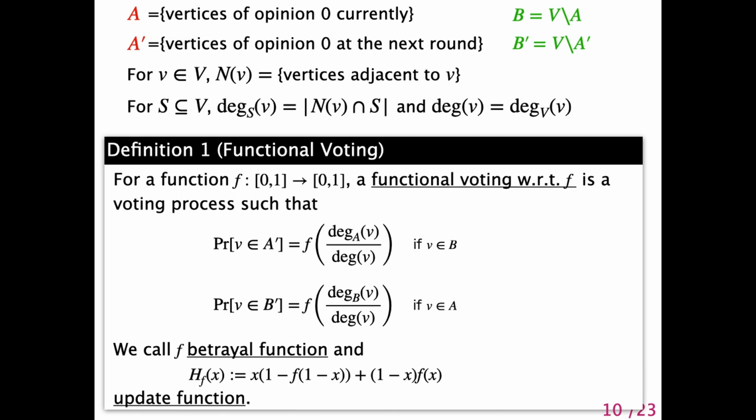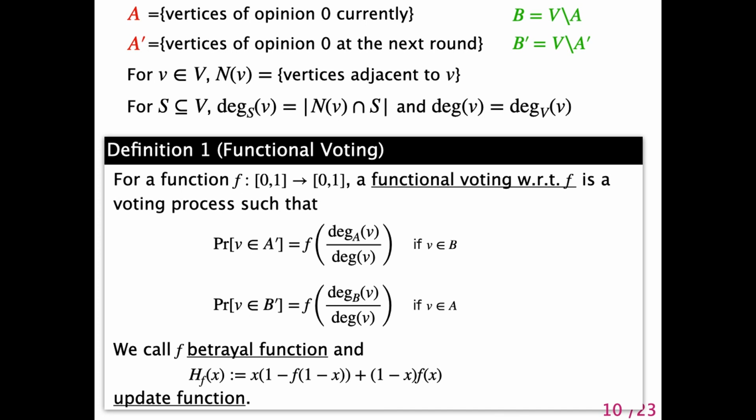Now we define functional voting. For a function f, functional voting with respect to f is a voting process that satisfies the 2 conditions below. The first condition says that the probability that a green vertex v becomes red in the next round depends on the ratio of red neighbors. Similarly, the second condition is about the probability that a red vertex becomes green.